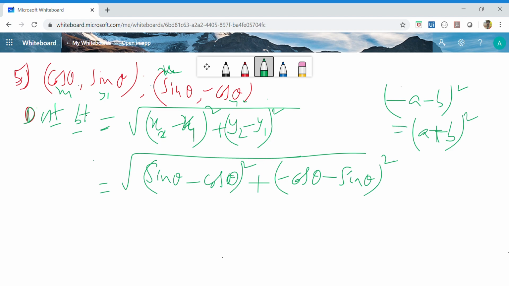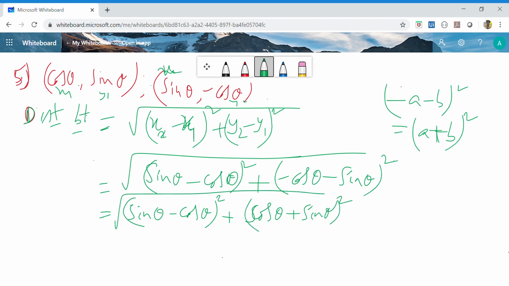So it becomes under square root (sin theta minus cos theta) whole square plus (sin theta plus cos theta) whole square.